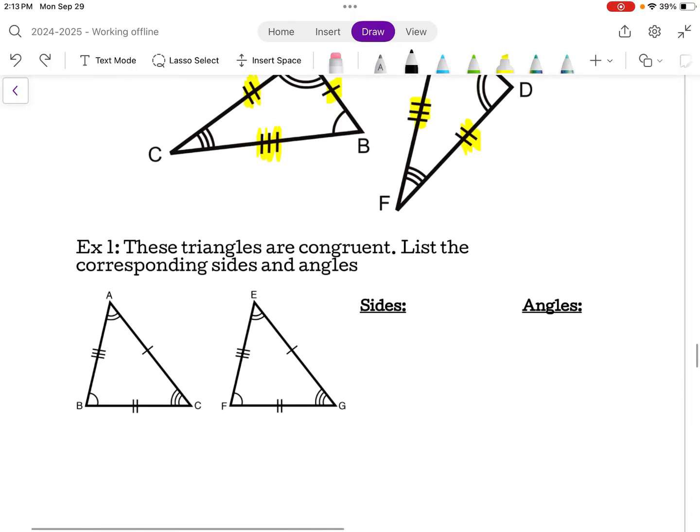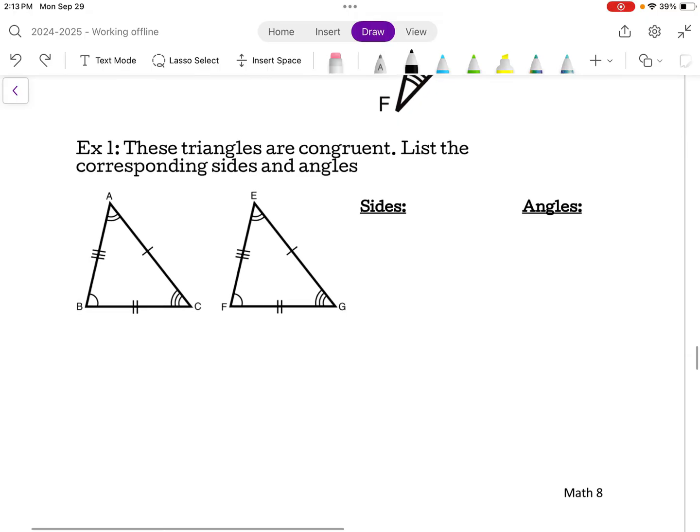All right, so what I'm going to do in example 1 is look at these 2 triangles, and show what sides are congruent and what angles are congruent, just based on the markings that you see on the triangles. So if I look at the triangle ABC, I can say that side AB, which has the 3 markings, is congruent to side EF.